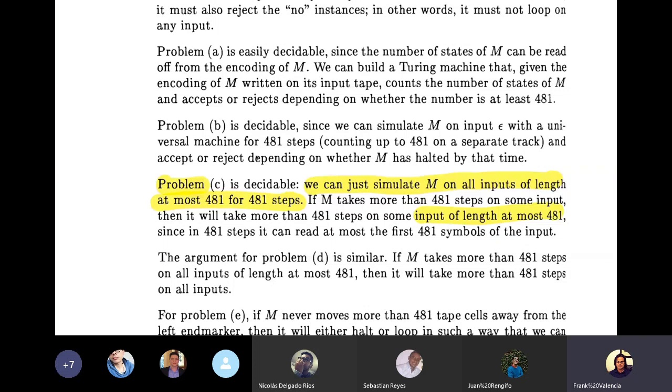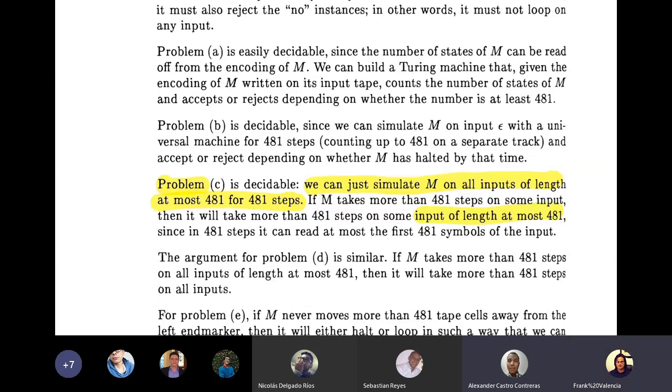Well, this is basically the solution that Elkin gave. Is that right, Elkin? Are you there? So the solution is that in the machine we are determining if it has more than 481 steps, we only simulate inputs of length at most 481.